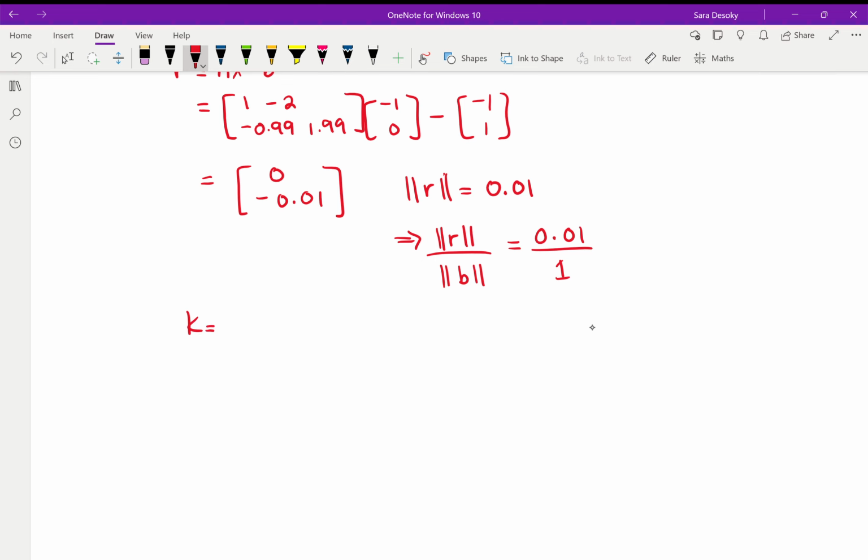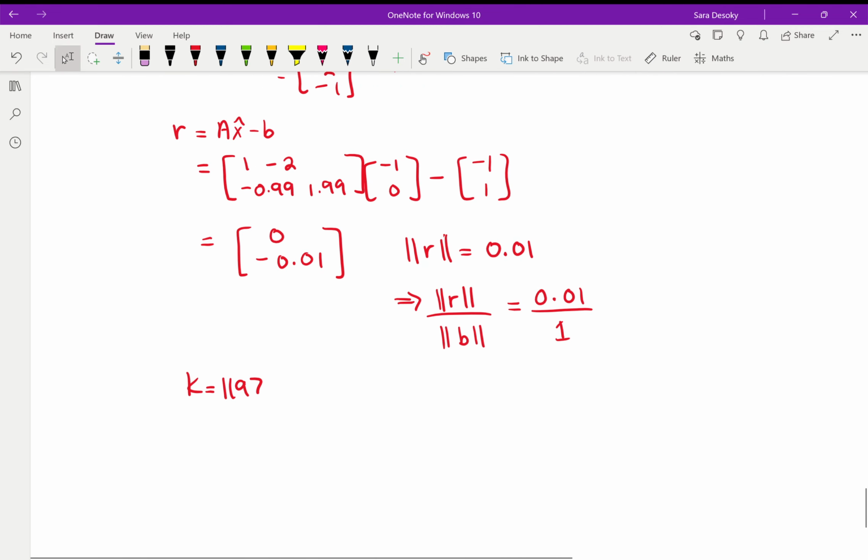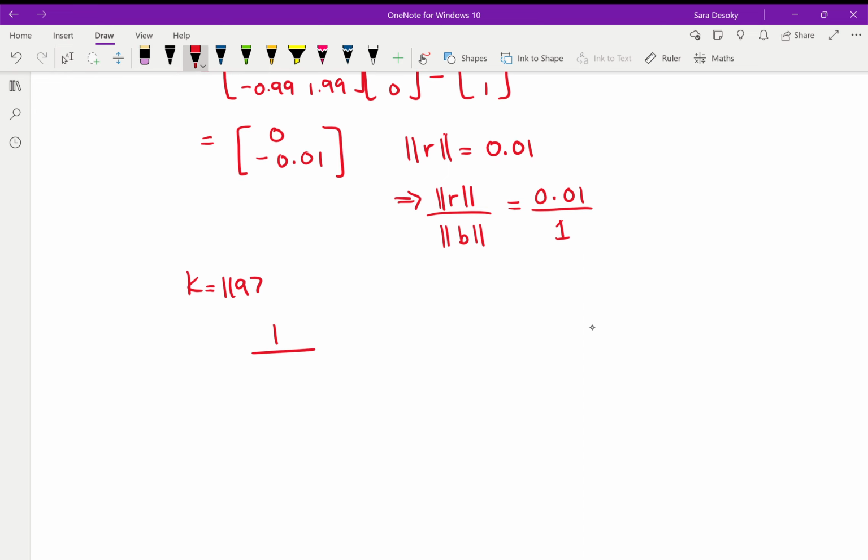That's from the previous problem. Inequality: put the numbers in. This is the relative error, and here we get 1197 and 4.01 again.